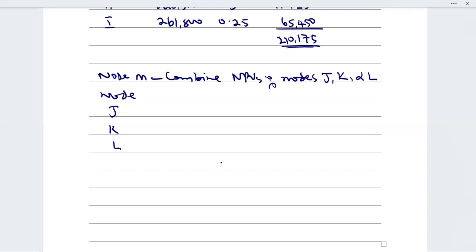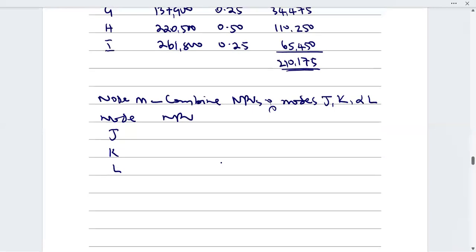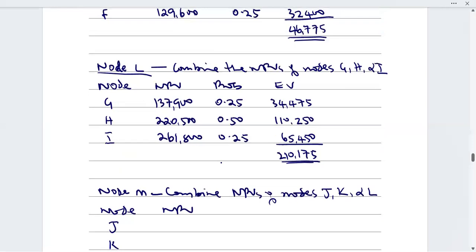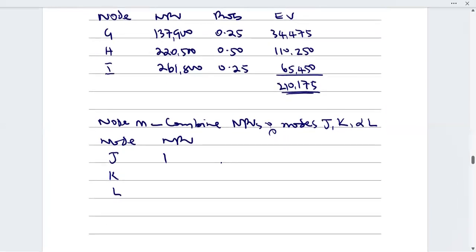What's the MPV of node J? Negative 126,500.